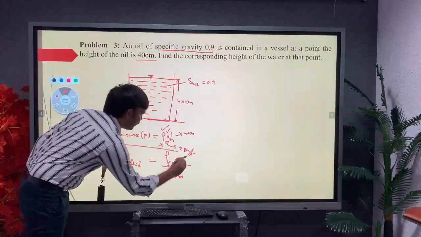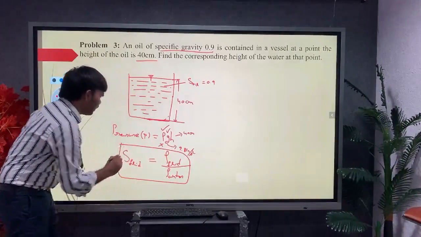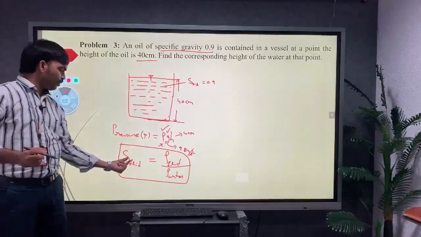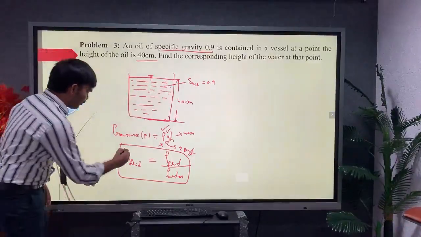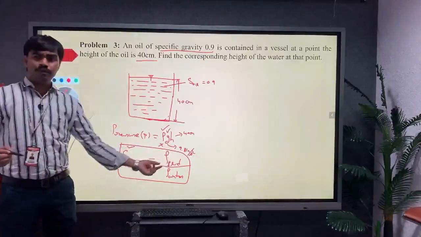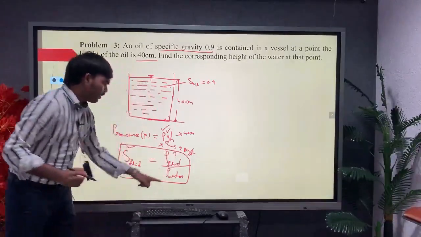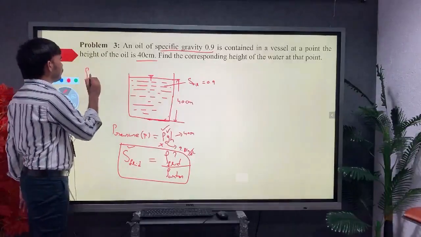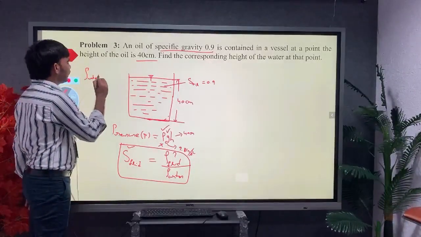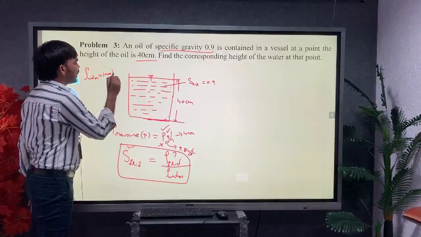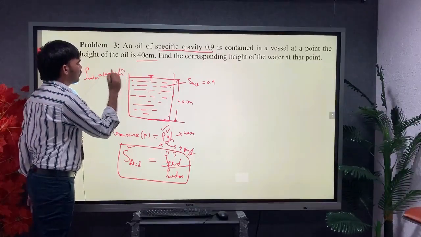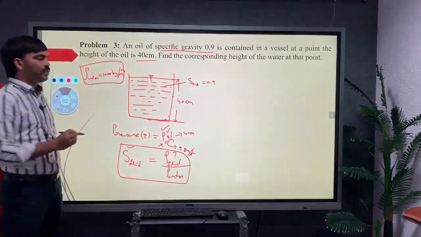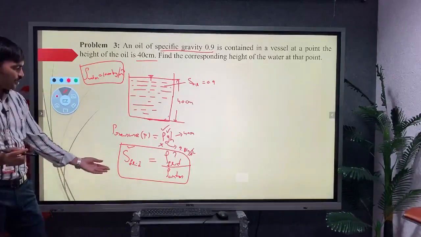This is the formula. We know the specific gravity of the oil, and the density of the fluid we need to find out. The density of water, the standard fluid, is 1000 kg per meter cube.